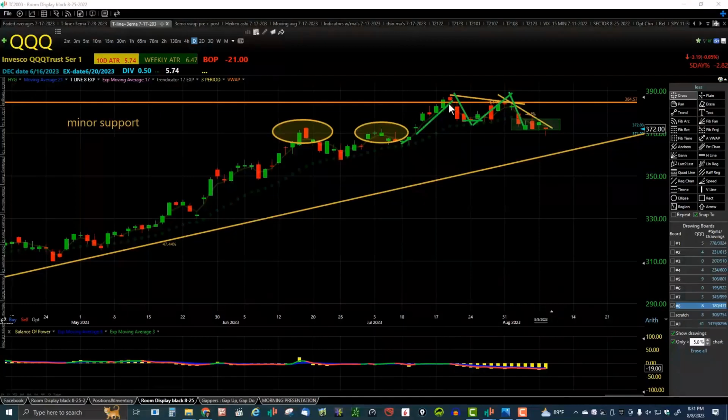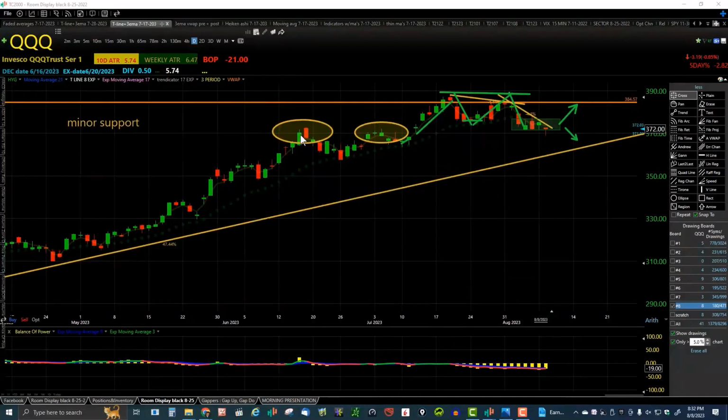If you didn't have this M and it actually rolled over up top instead of coming down here. But here we have a battle happening. And the victor's probably either going to come out this way, or it's going to go back up there and take out the top of the head. That's right up here. So we'll see what happens here on QQQ.